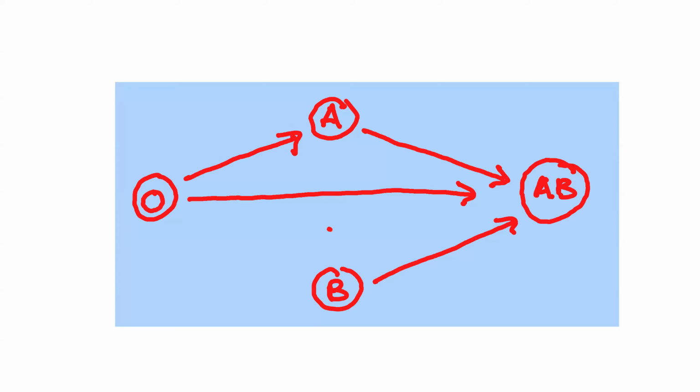Similarly, B has antibody. What is the antibody B has? A antibody. But in the O, is there any antigen? No. Therefore, O can go to B also. This is the picture that you might have seen.